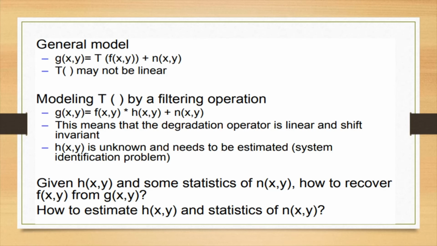Then modeling T by a filtering operation, the degradation system is represented as g(x,y) = f(x,y) convolved with h(x,y) plus n(x,y), where h(x,y) is the degradation filter and f(x,y) is the input image.